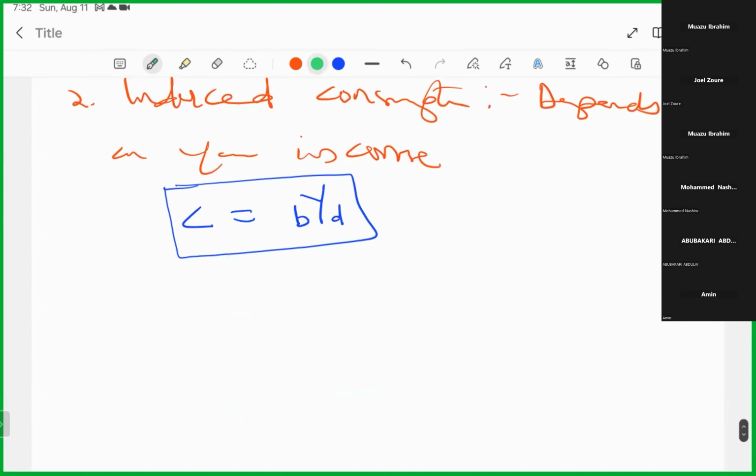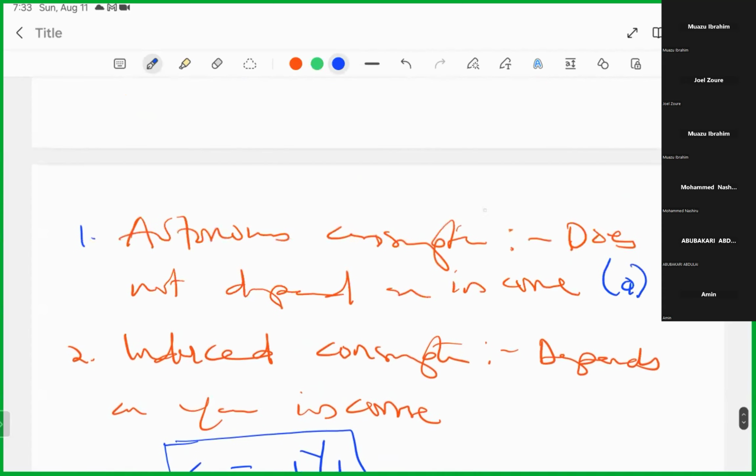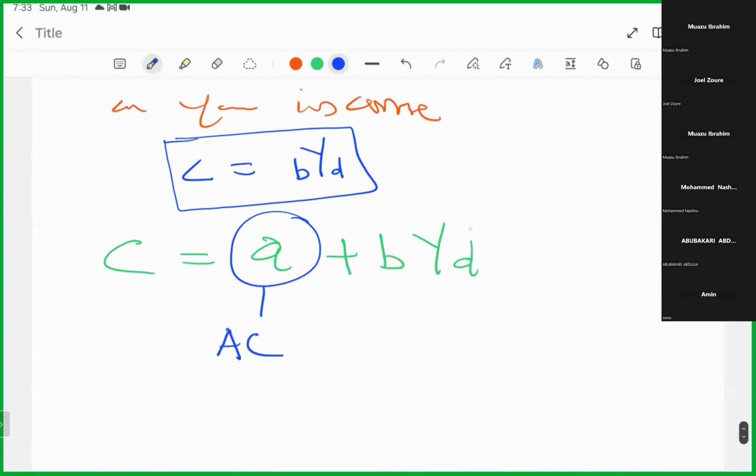Which means that a typical consumption function comprises the autonomous consumption, which is A, plus the induced consumption, and this whole thing is the induced consumption.